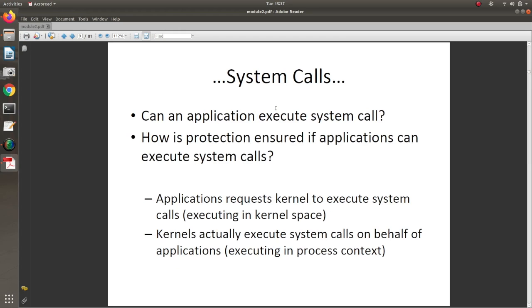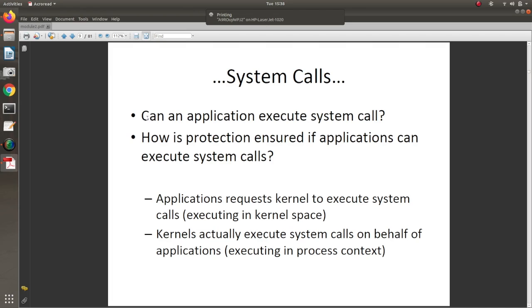Moving on, can any application execute a system call? How is protection ensured if applications can execute system calls? Applications request the kernel space to execute system calls. The kernel actually executes the system calls on behalf of the applications.